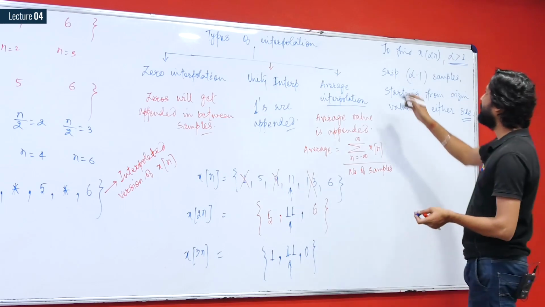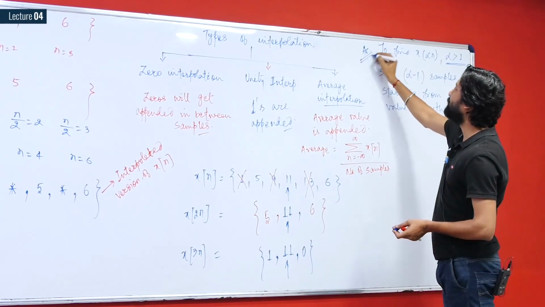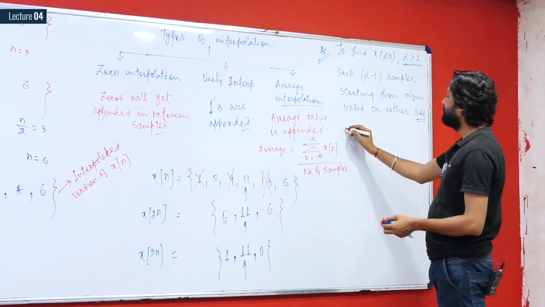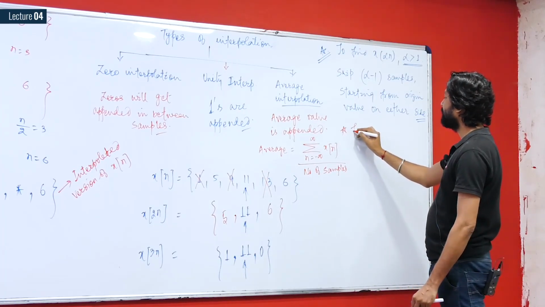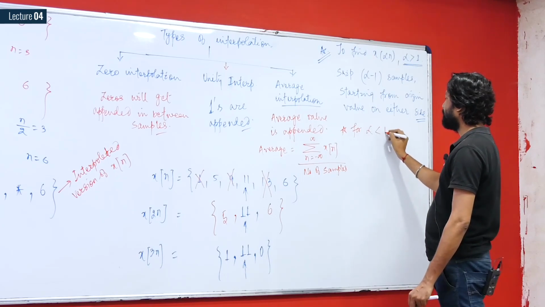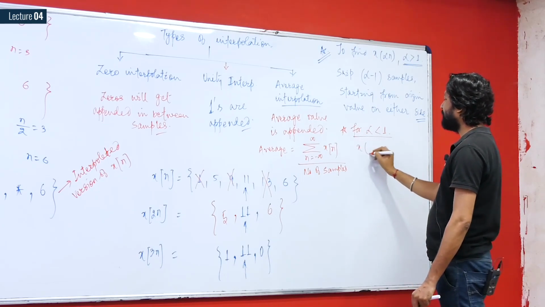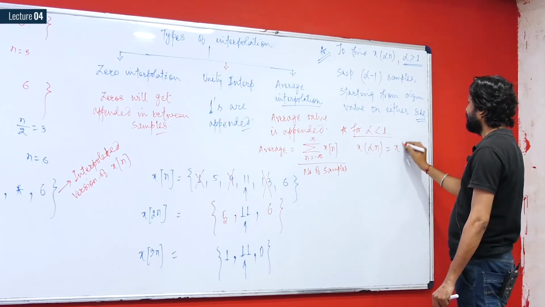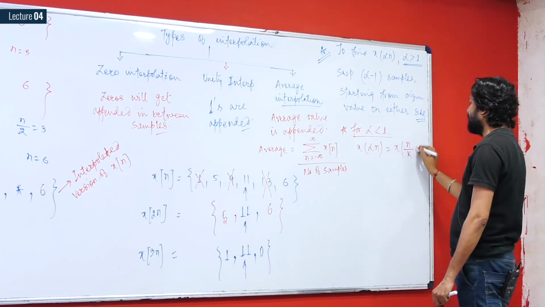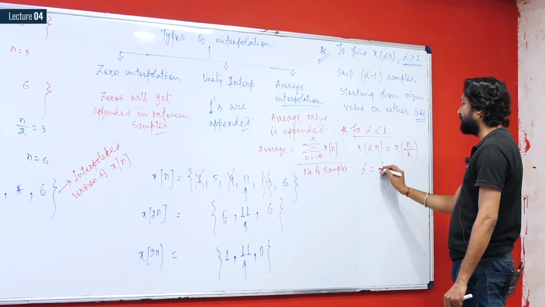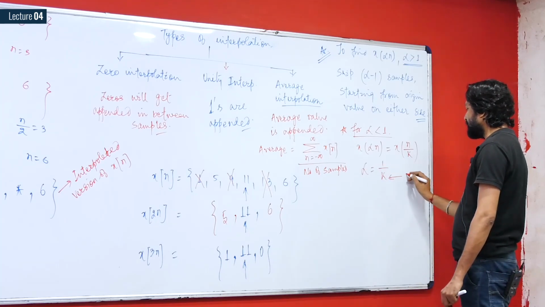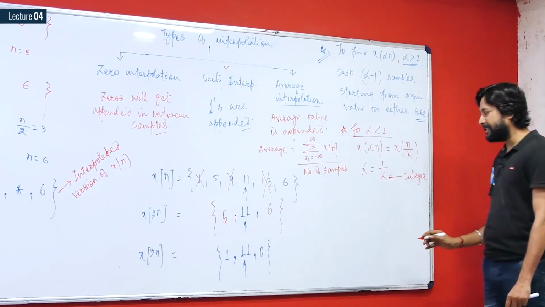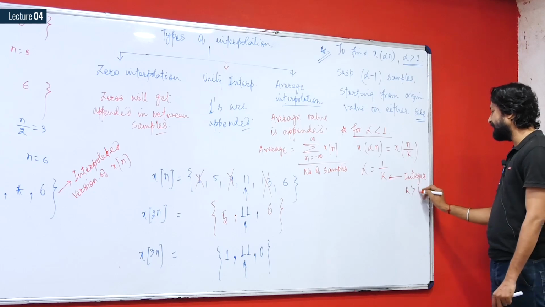It is the first point. Now if you have to interpolate, then for alpha less than 1, x of alpha n can be written as x of n upon k, where alpha is equal to 1 upon k, where this k must be an integer, and k must be greater than 1 also.